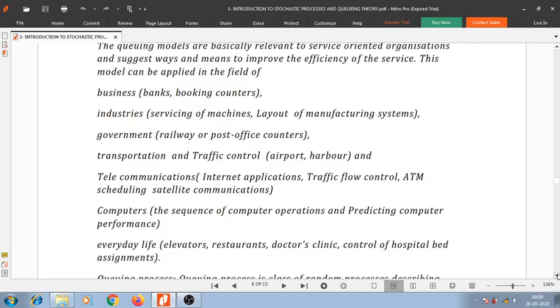Similarly, telecommunication applications, internet applications, traffic flow control, ATM scheduling, satellite communications, and computer systems. In a computer system, the sequence of computer operations and predicting computer performance. Suppose we would like to download a particular file: if the bandwidth is high, the download time reduces; if the bandwidth is low, the download time increases. It also depends upon system performance.